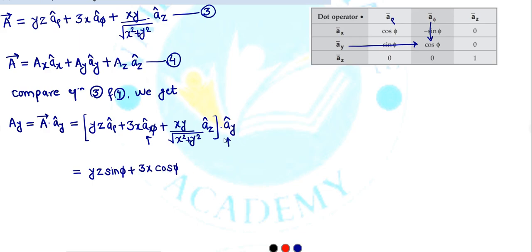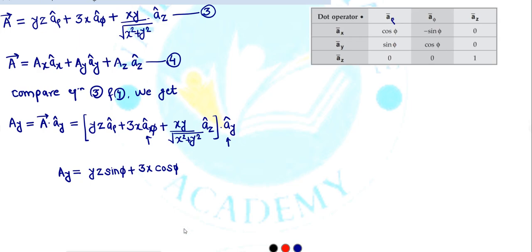Then the dot product in between that az and ay. So we have that dot product in between this az and ay, which is to be what? 0. Since that value is 0, I am not going to write it again. So we are left with that ay is equals to what now? yz sine phi plus 3x cos phi.